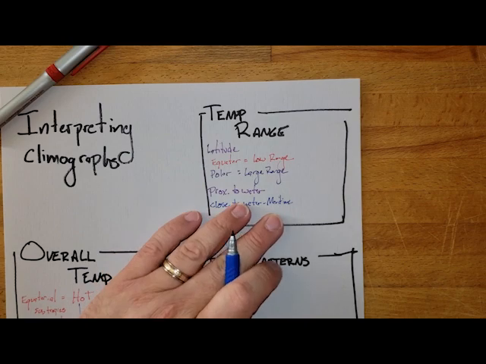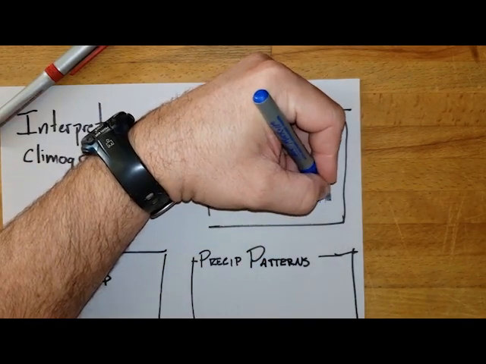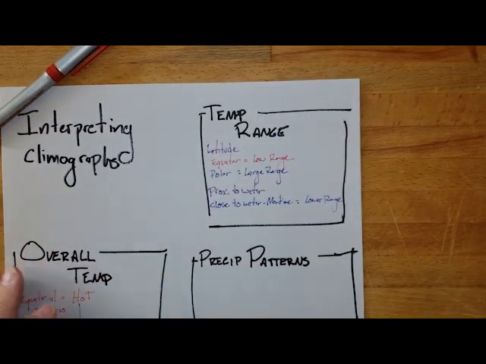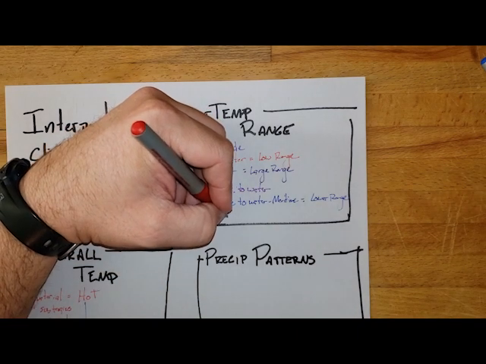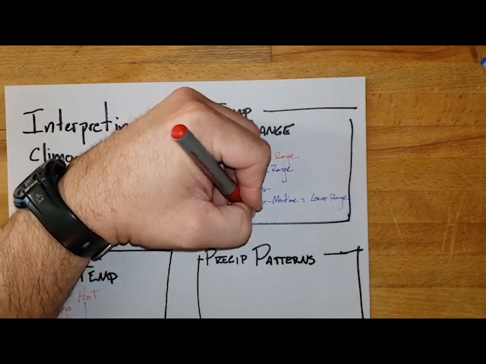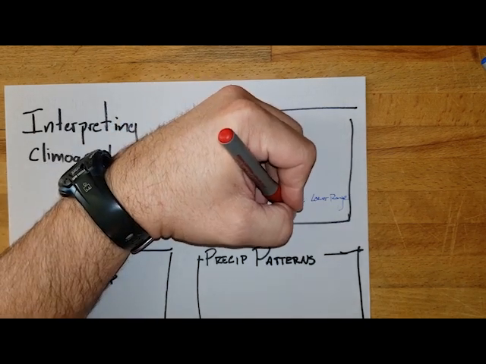And so for close to water, if we have a maritime influence, then we have a lower range. The difference between the high and the low, the summer versus the winter, is going to be less. We know that when we are further inland, or continental effect, we're going to have a greater range.